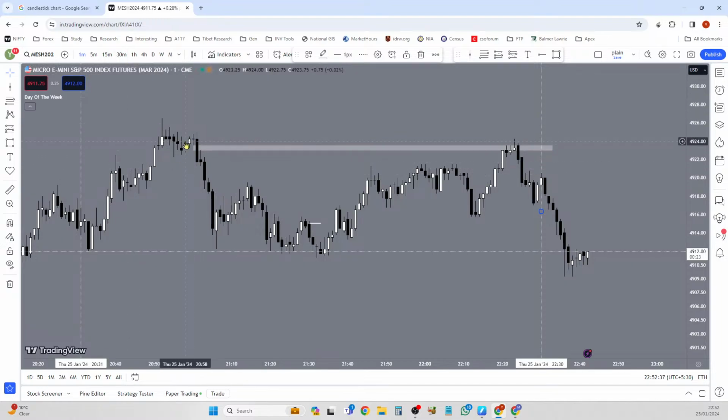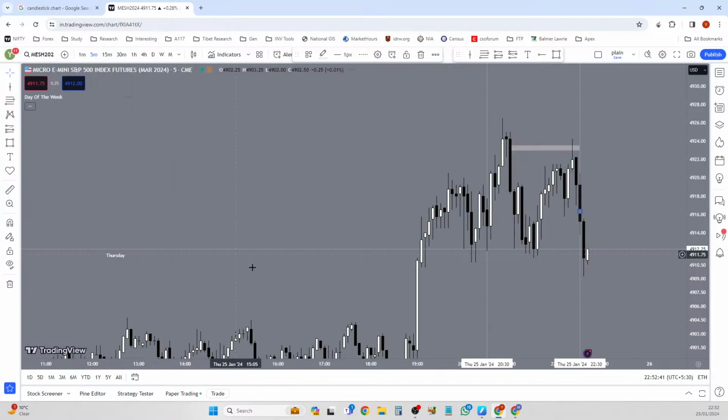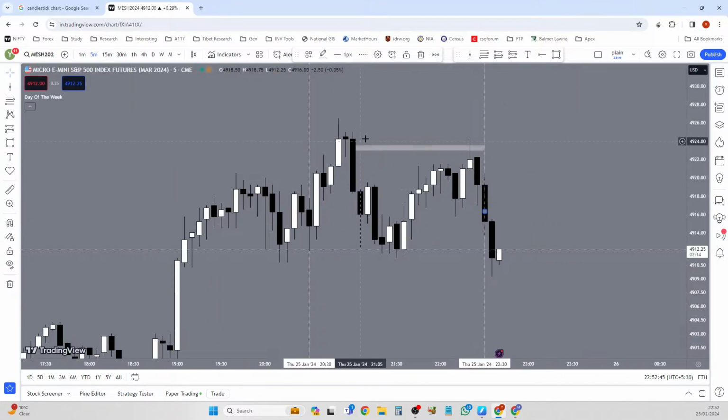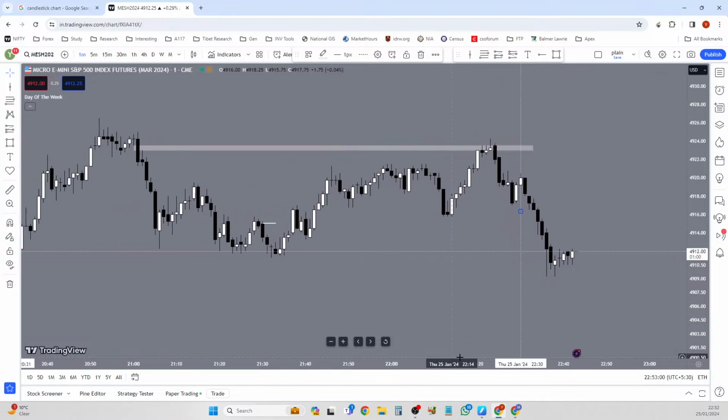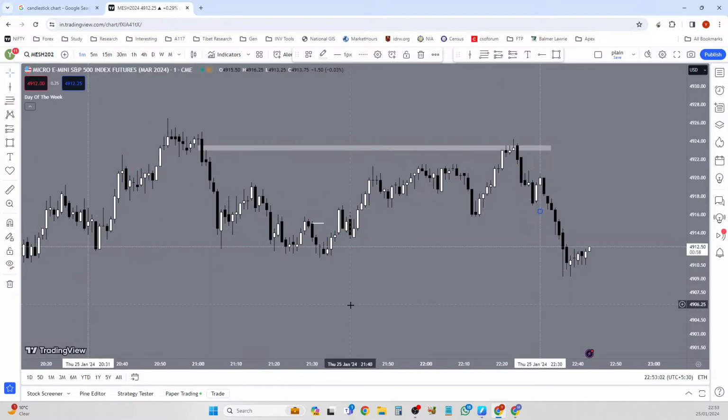If I move up even to 5 minute, this fair value gap may not be visible because the candle gets blended. On the 5 minute chart, you can see there is no fair value gap. That is why it's important to see these lower time frames, because they will help you understand the picture and the storyline that's in play.